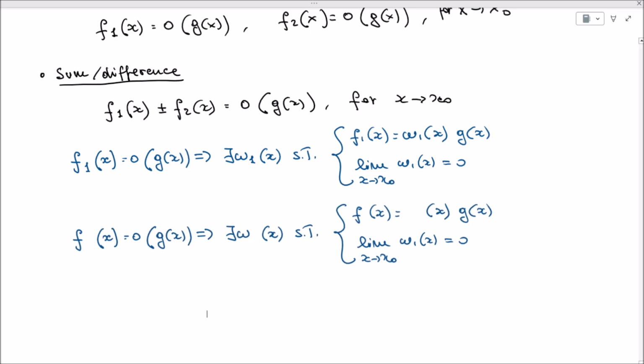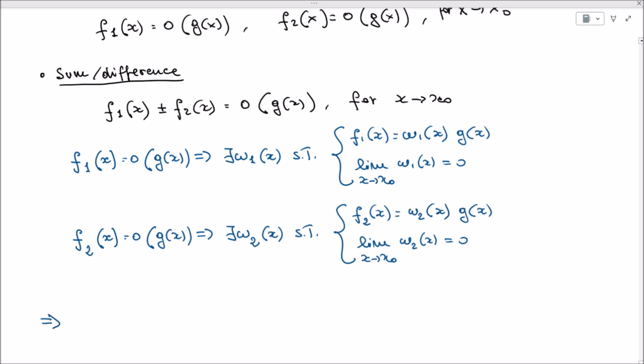So we have that f2 of x is equal to little o of g of x if there exists an omega 2 of x such that f2 of x is equal to omega 2 of x times g of x, and the limit of omega 2 of x is still equal to 0.